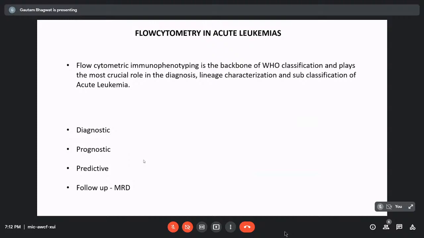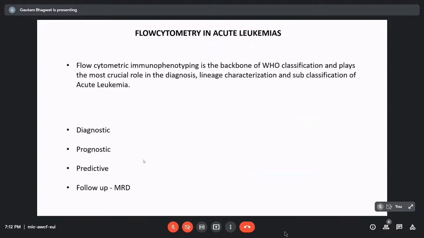We can do a cytochemistry analysis with MPO, NAC, PAS, etc. But nowadays, flow cytometry has taken over this cytochemistry. But any day, a hematopathology lab should have these stains, which are very helpful in at least lineage characterization in a very economical way. But flow cytometry is almost the mainstay and has taken over the cytochemistry also.